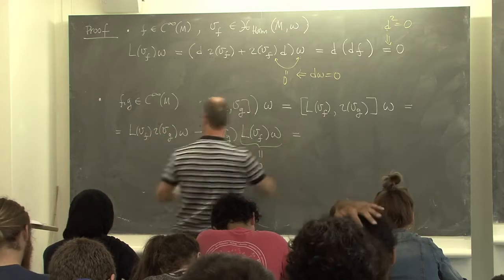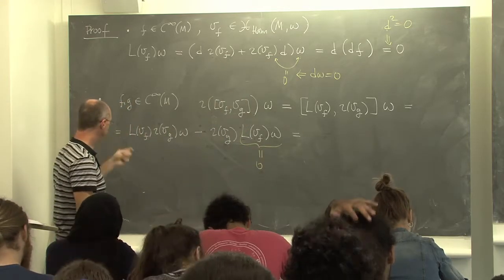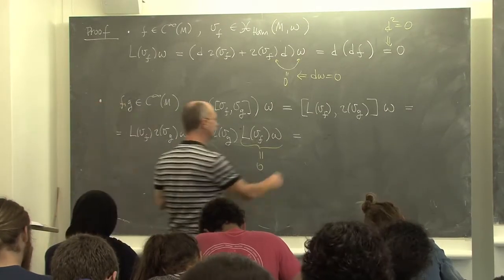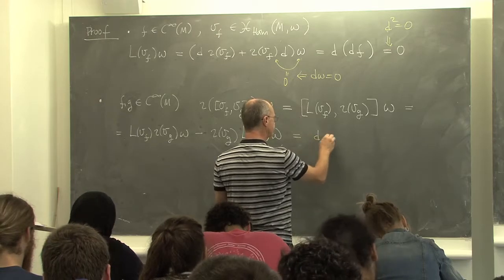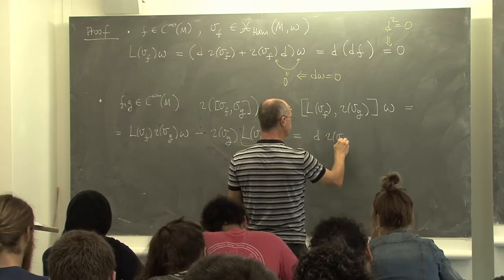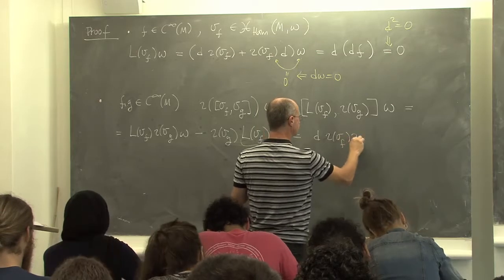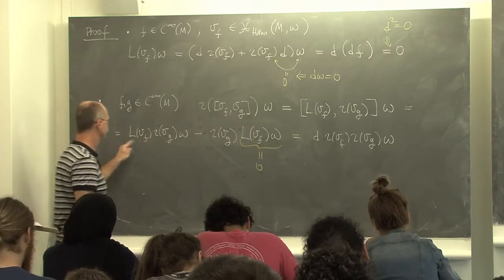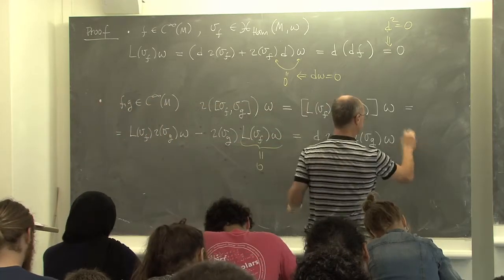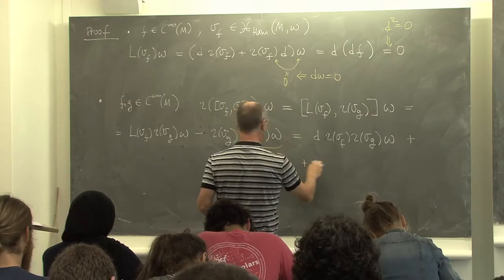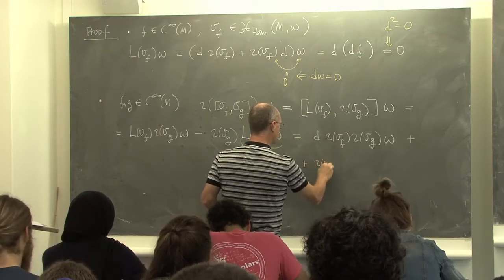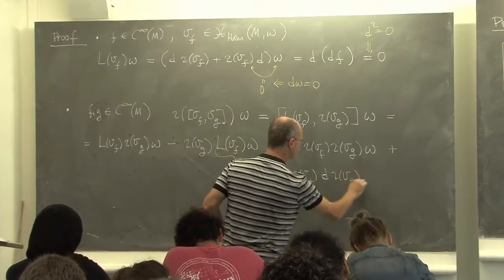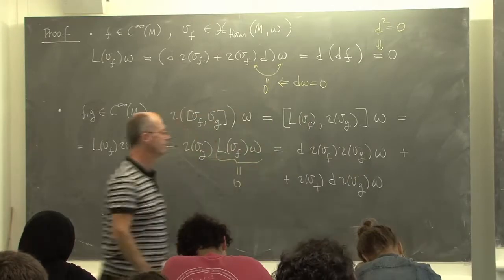Now, what about the first one? Here, let's use again the Cartan's magic formula. So it will be this expression plus iota Vf d iota Vg omega.